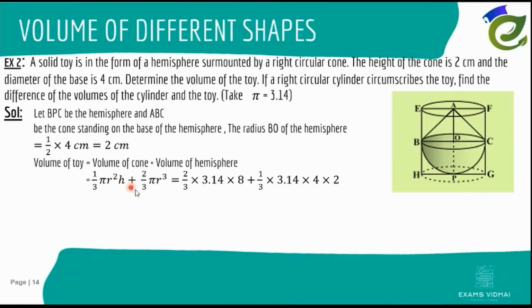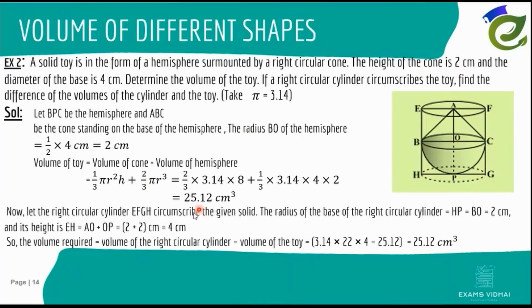We know that the volume of a cone is 1 by 3 pi r square h, where r is the radius and h is the height. And we also know that the volume of a hemisphere is 2 by 3 pi r cube. He has given us here that pi should be taken as 3.14. On substituting the values, we get the volume as 25.12 centimeter cube.